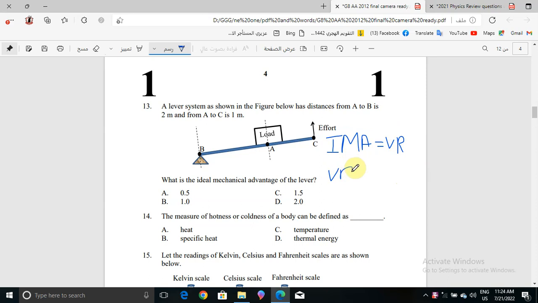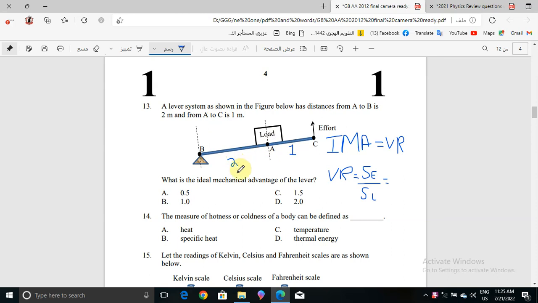Velocity ratio is equal to distance of effort over distance of load. For the effort, we have from A to C, which is 1 meter, and from A to B is 2 meters.